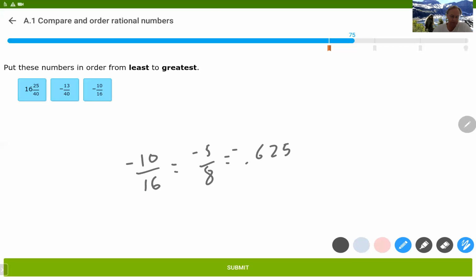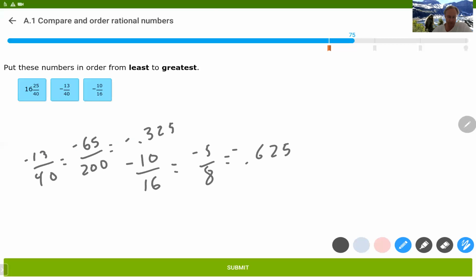And negative 13 over 40, nothing nice there. Let's multiply it by 5. I'll show you why in a second. 13 over 40, I'm going to multiply this by 5, and I get negative 65 over 200. Well, that happens to be negative 0.325.